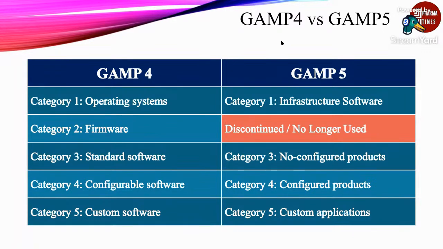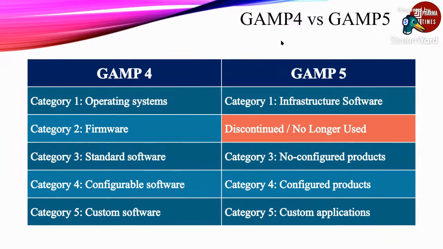In GAMP 5, configurable is called configured, and the software is called products. In GAMP 4, category 5 was custom software. Now in GAMP 5, category 5 is called custom application.